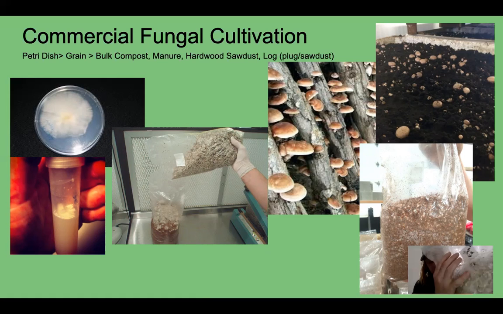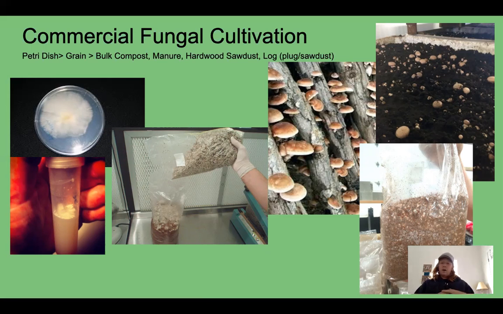And it's outfitted with this microporous patch, a piece of plastic that will allow the passage of air, but not the passage of contaminants. This tiny little patch will filter air but not let anything larger than 0.3 microns through, so any mold spores, any competing bacteria, anything like that cannot pass through.